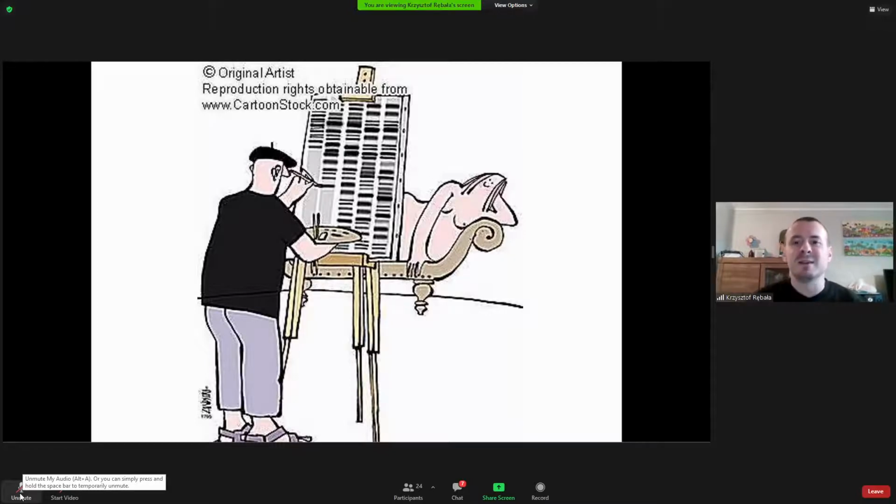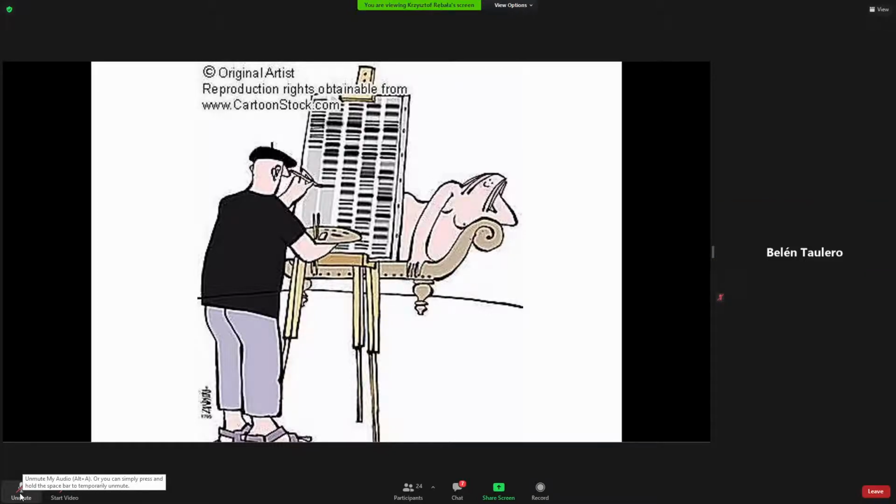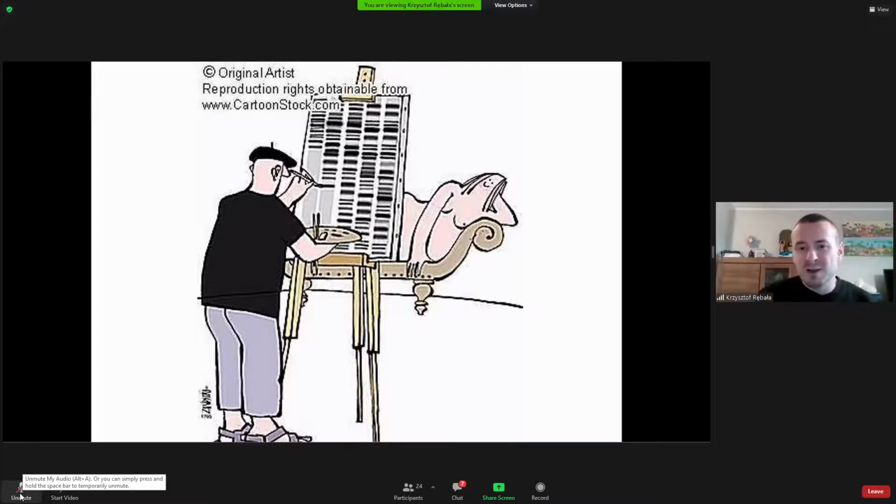So the third question that we ask in the form during the collection of a sample for paternity testing is a question asked only to the putative father. Do you have a twin brother?